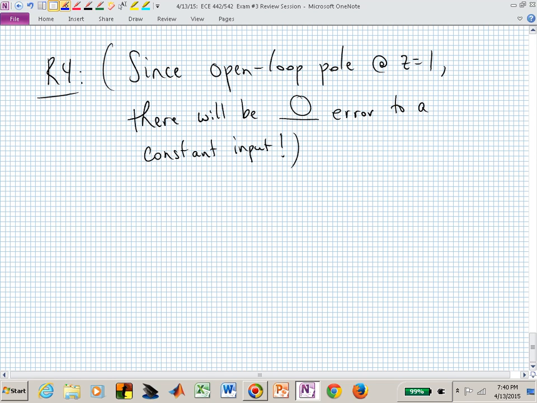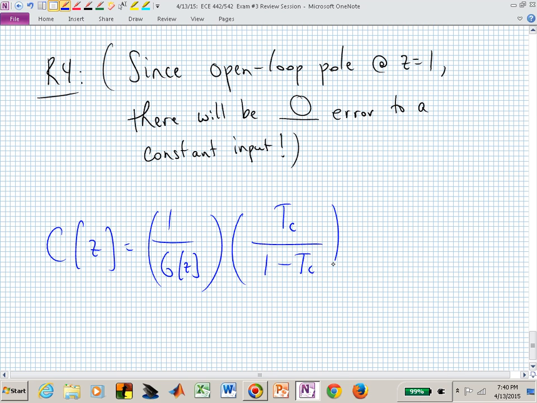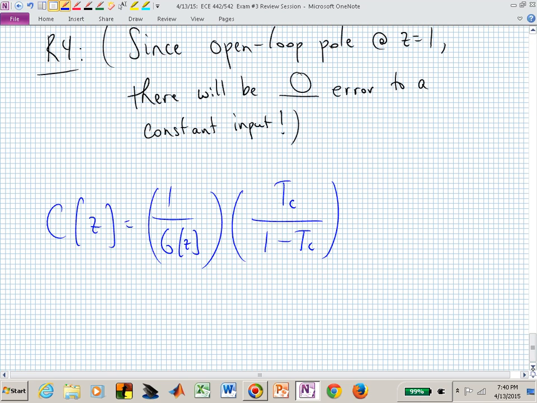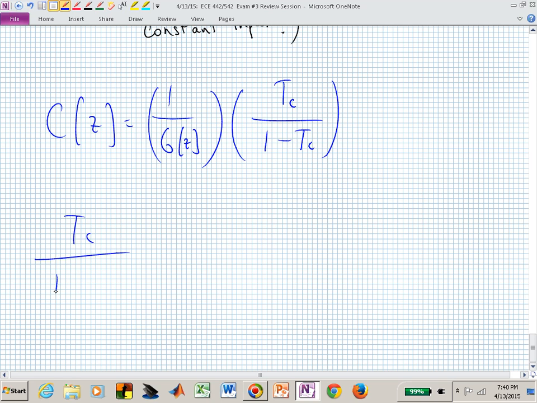So if we wanted to find that controller, C of z, that would be 1 over G of z times T sub C over 1 minus T sub C. And a lot of times it's easier to play with some of this on the side. This is now 1 over z, and this is z minus 1 over z.